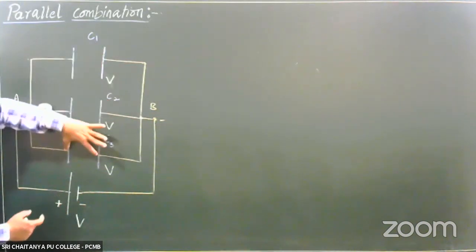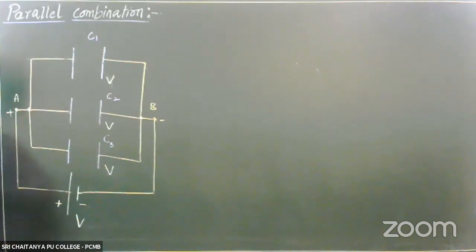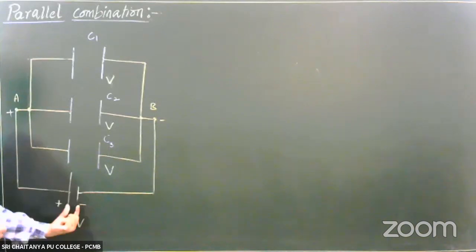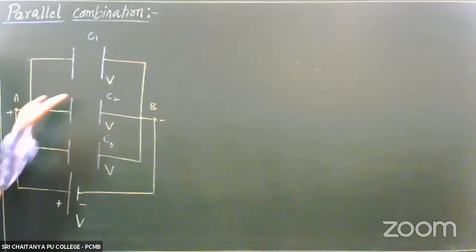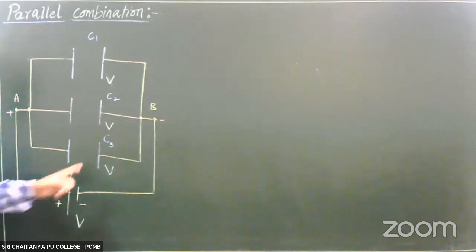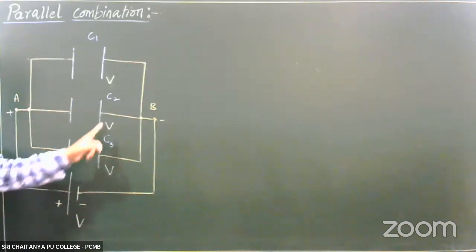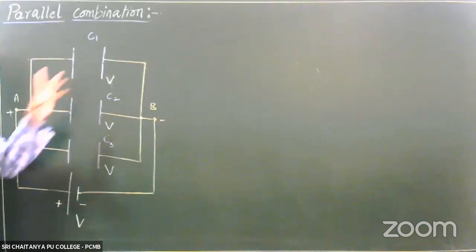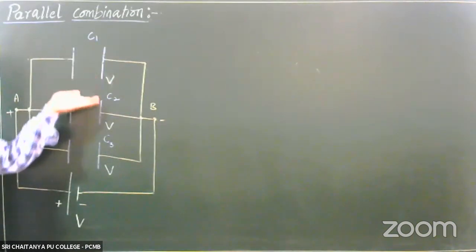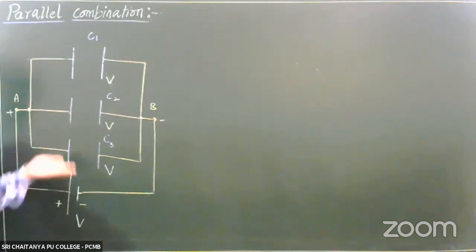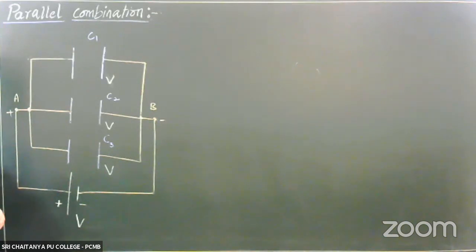If I close these two, this capacitor appears connected to the battery in parallel. Yesterday I told you, when they are in parallel, potential is the same. So the potential across all these capacitors is the same because they are connected in parallel to the battery. This is one of the important points.